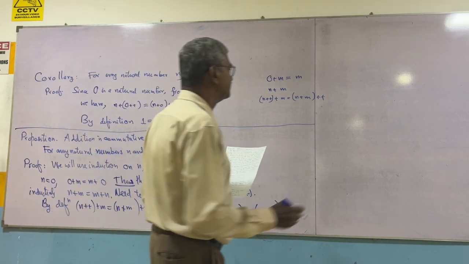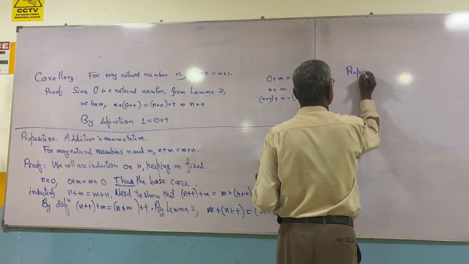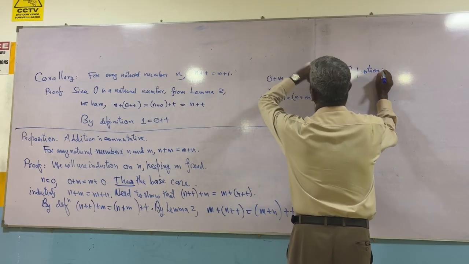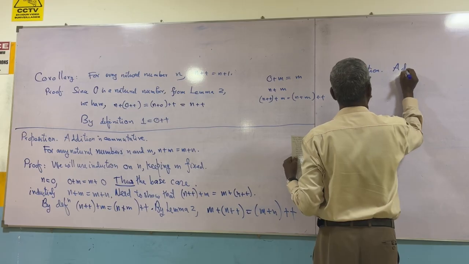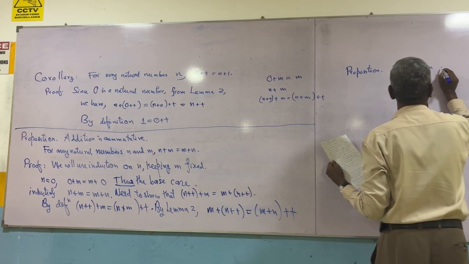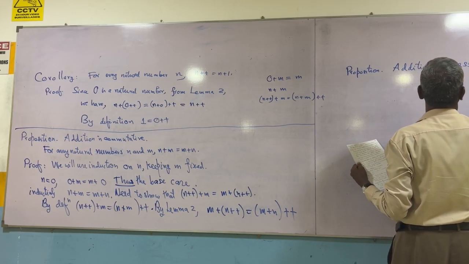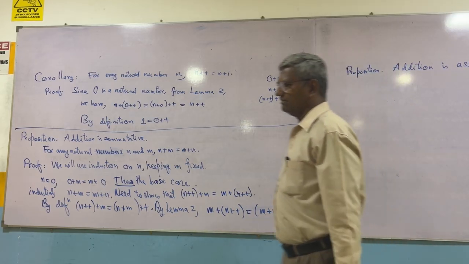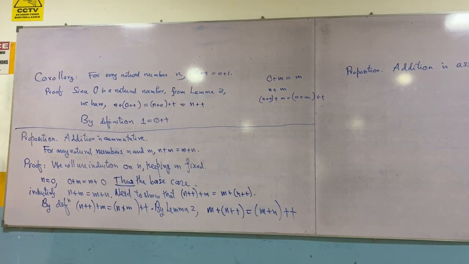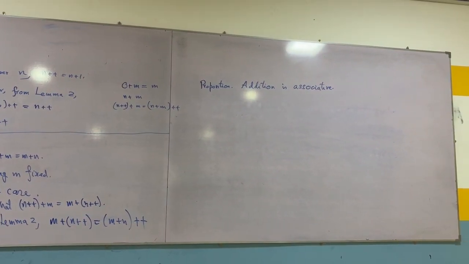Proposition: addition is associative. We have the 5 axioms. We are proving the things we know about natural numbers. The results we know can be proved using these 5 axioms.